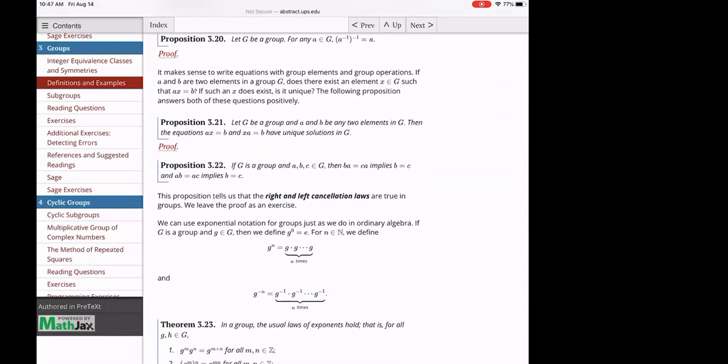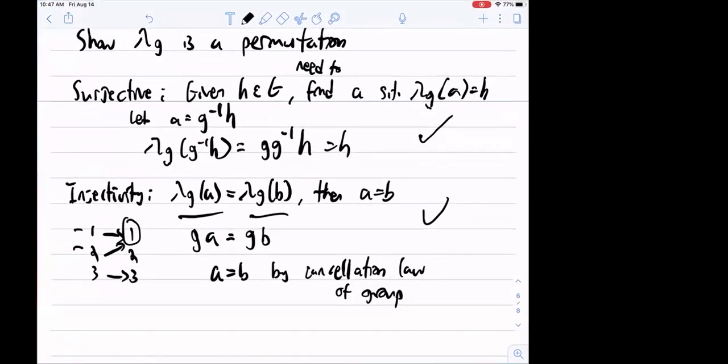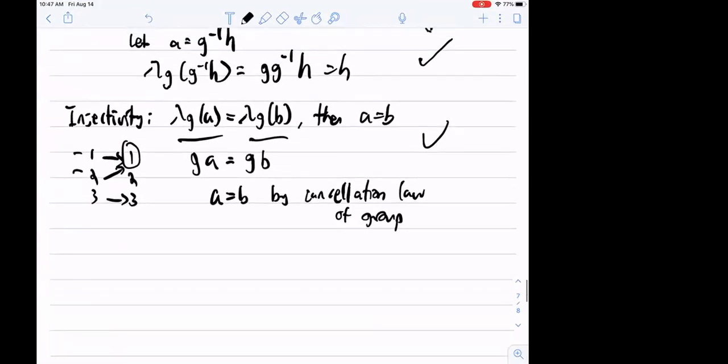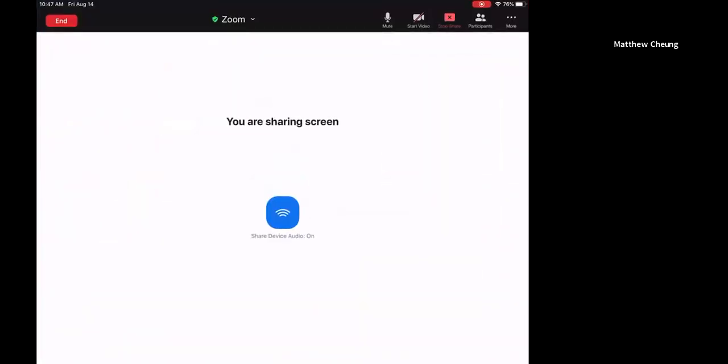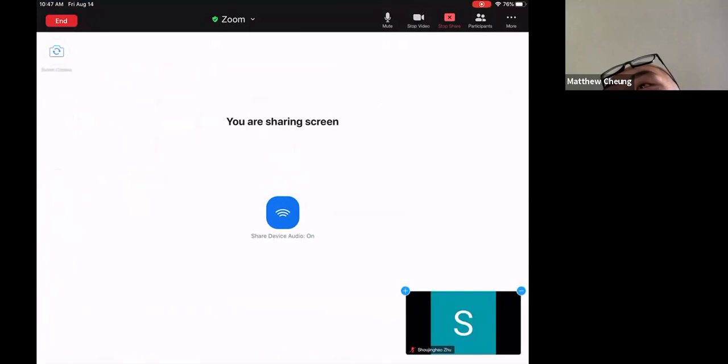If ba is ca, then b equals c, and vice versa. If ab equals ac, then b equals c. So I'm using Proposition 3.22, in case all of you forgot what the cancellation law was. Okay, let's stop here. Any questions? Hopefully we're all good on permutations.